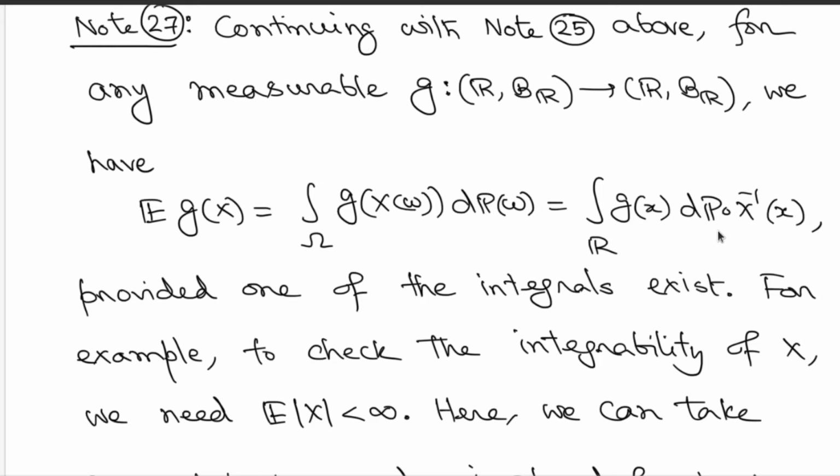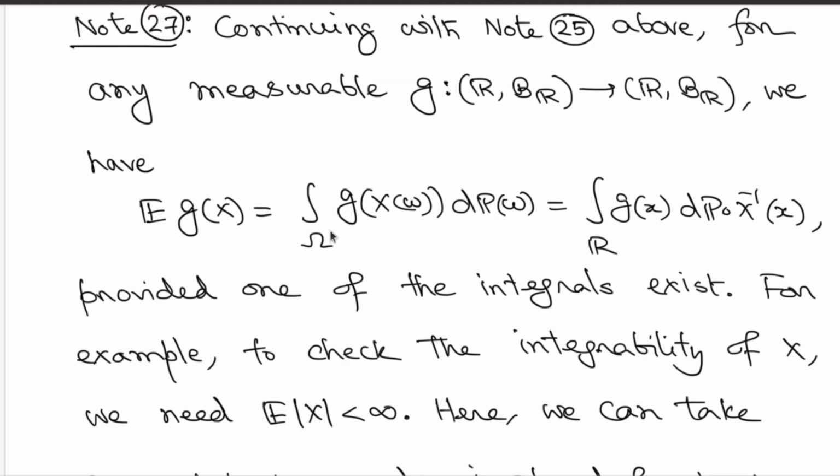If you can make sense of one of the integrations, then this equality holds, and moreover, if you can compute the integration over the real line as given here, you don't have to compute the integration with respect to the probability measure P. You can just take that same value and consider it as the expected value of g(X).